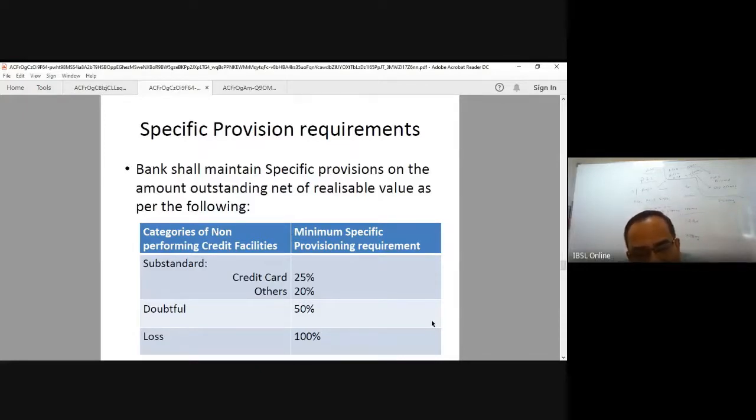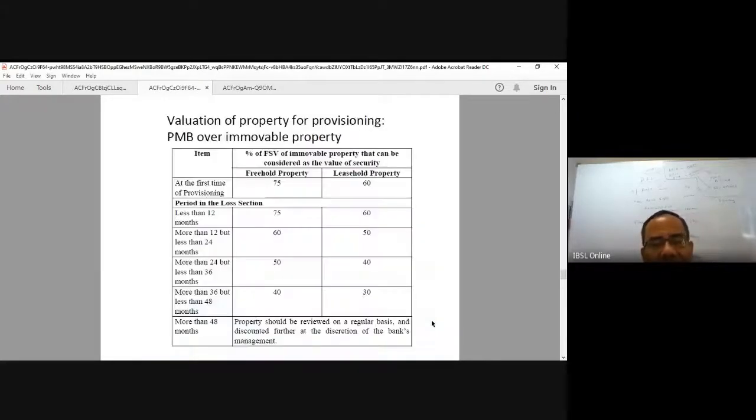So the point where it has become a loss, right, past 540 days, after the 540 days, you can hold on to this for another 1 year, right?